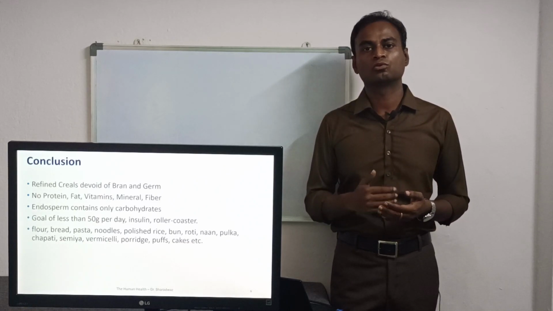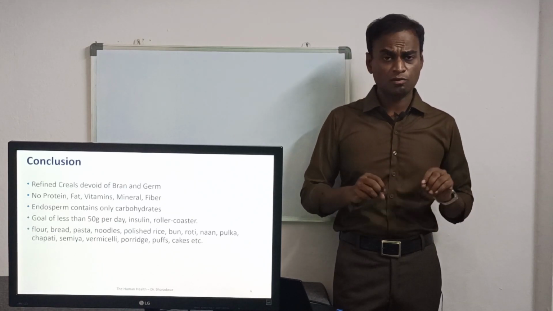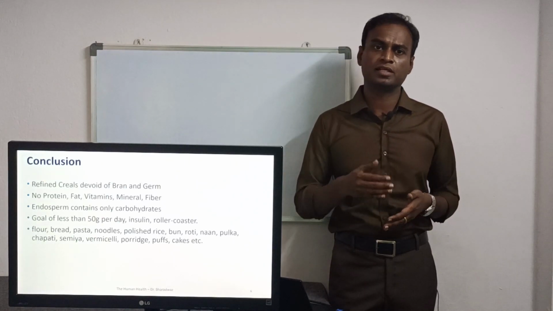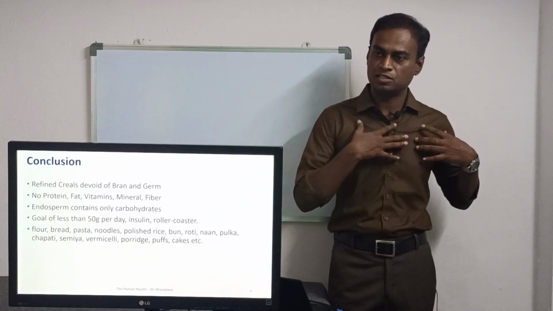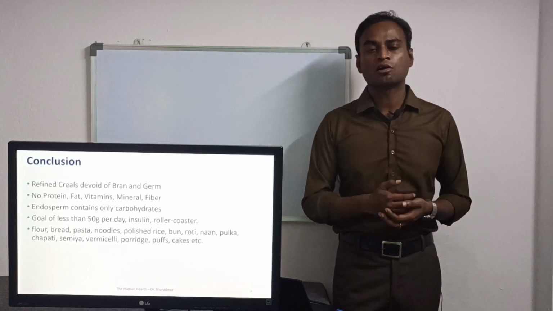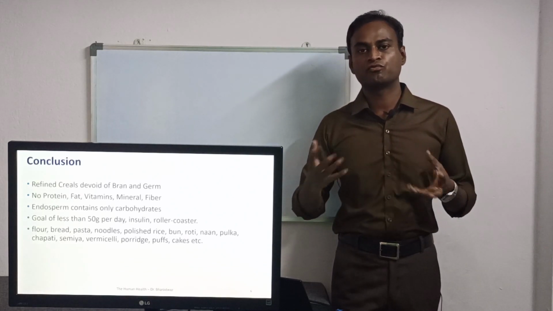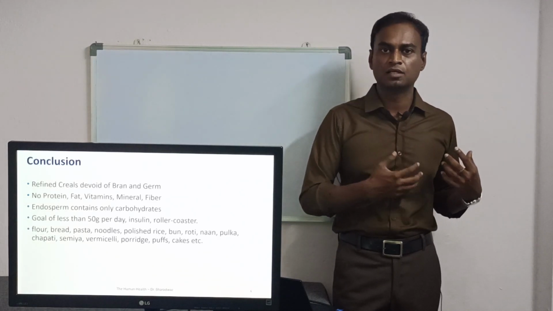This causes the pancreas to produce insulin. Once the insulin is produced, the carbohydrate reaches the body cells, whether it is heart, abdomen, chest, everywhere, and this carbohydrate is converted into fat and deposited. This causes major problems in the body. Deposition of fat causes major problems.